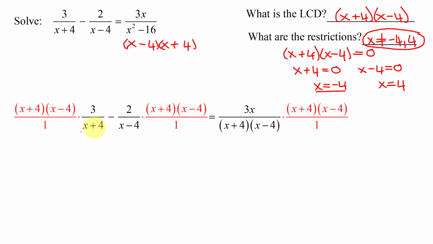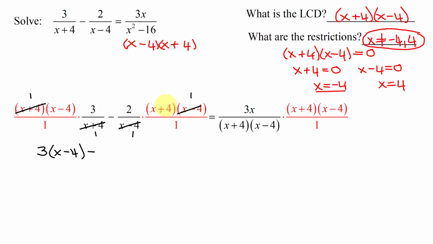In the first term, the x plus 4's reduce, and I get left with 1 times x minus 4 times 3 divided by 1 times 1 is 1. So it's just going to be 3 times x minus 4. I do not need to write the 1 in the denominator. Minus, in the second term, the x minus 4's reduce.